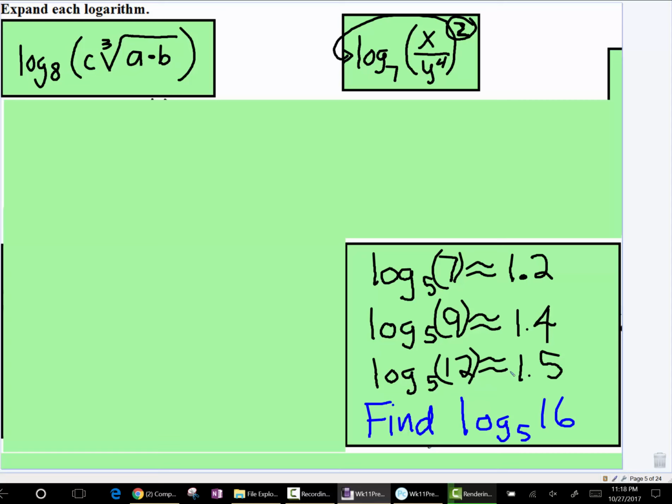How do those numbers relate? I know exactly how they relate. 12 squared is 144, and 9 times 16 is 144.